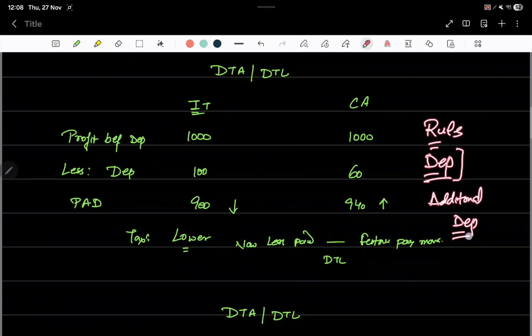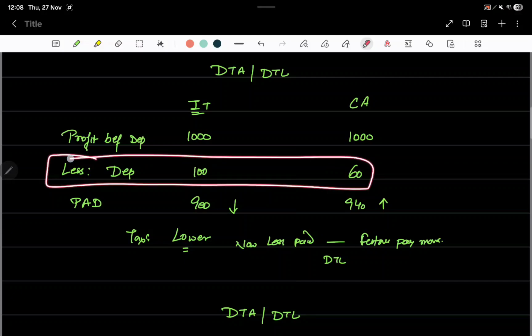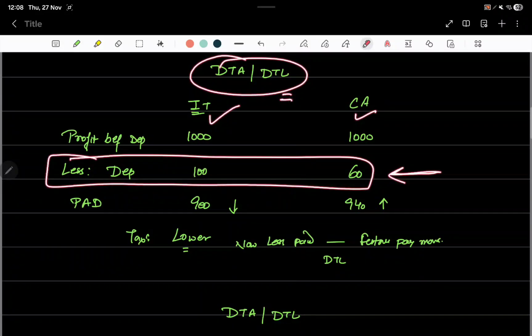But for our understanding at the moment, we are taking only the current depreciation, and how it may differ between the Companies Act and the Income Tax Act, which results in deferred tax.